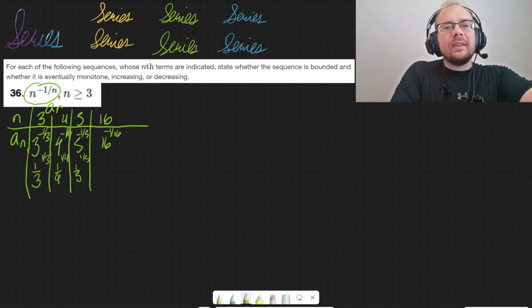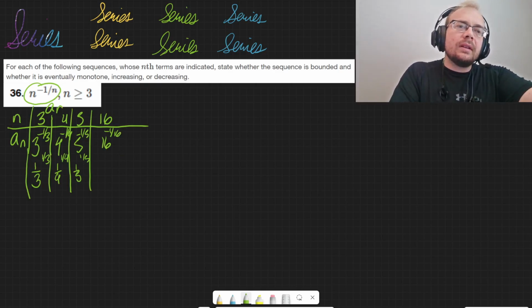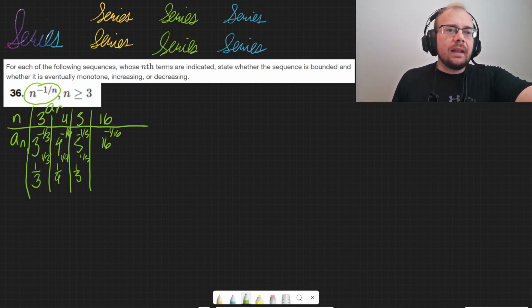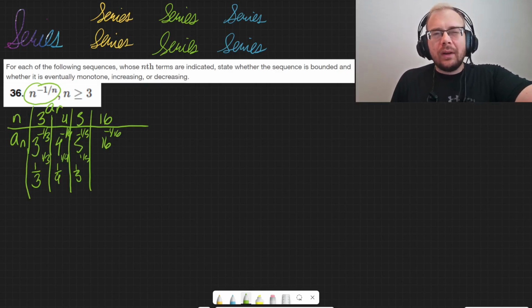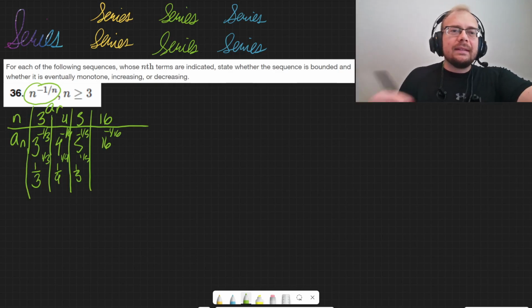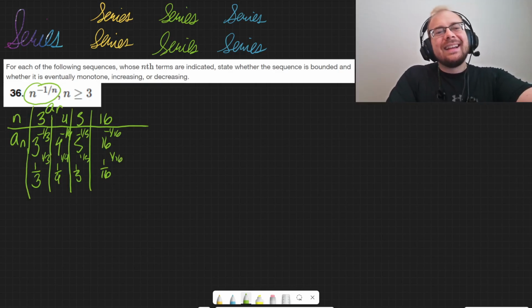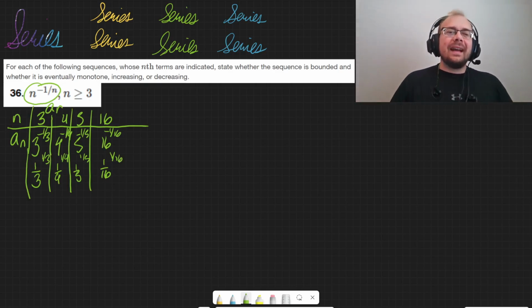No, because it's the 16th root. So if we started at 1, 1 would just be 1. Like it's 1 to the negative 1 over 1. So it's 1 to the negative 1 power, which would just be 1. But it looks like we're not really going to be able to, because 1/16 to the 1/16 power, the 16th root. Yeah, not sure.